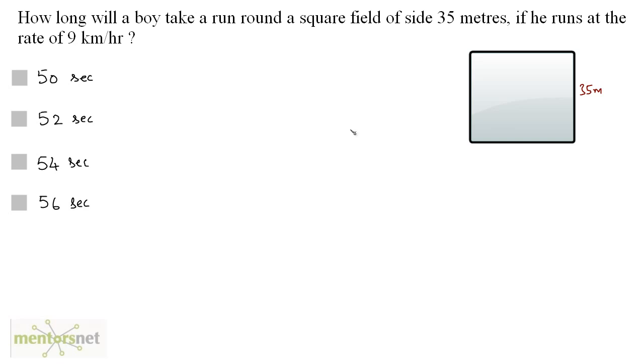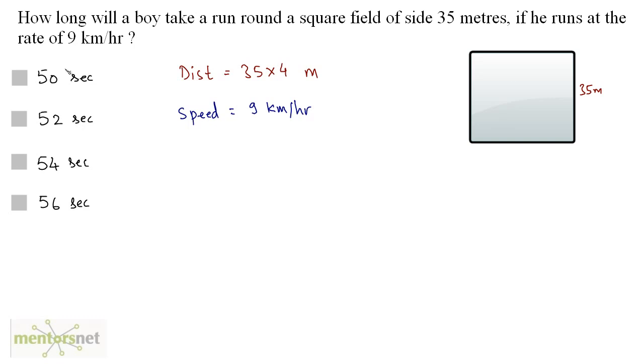So the total distance traveled by this boy will be 35 times 4, and that will be in meters because we have been given the distance in meters. Now what is the speed of this boy? It is given that the boy runs at the rate of 9 kilometers per hour. So speed is equal to 9 kilometers per hour. And you have to find the time it takes for this boy to take a complete run.